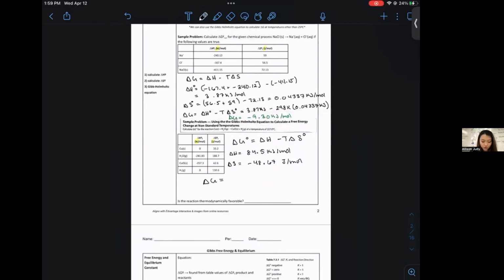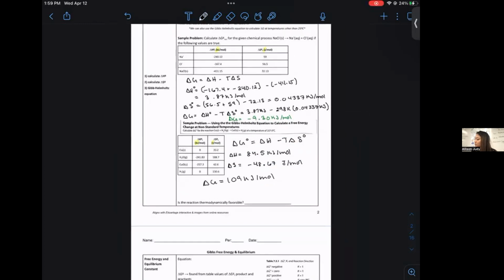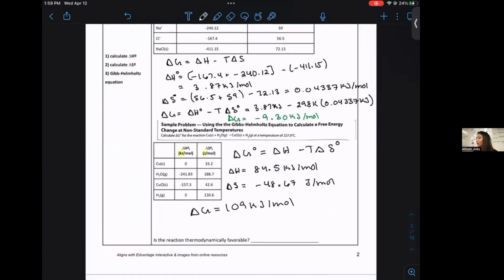G is equal to, for the reaction, 109 kilojoules per mole. So what you had to do here again is you had to partner that enthalpy products summation minus reactants, entropy products minus reactant summation, and then plug it into the Gibbs-Helmholtz equation.